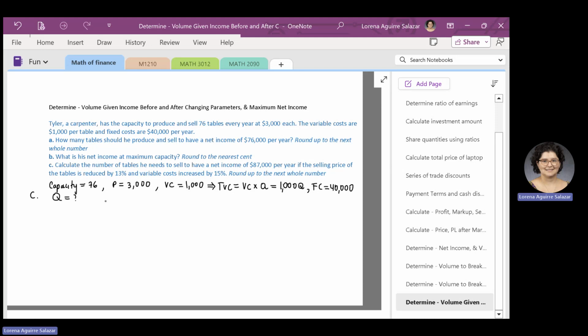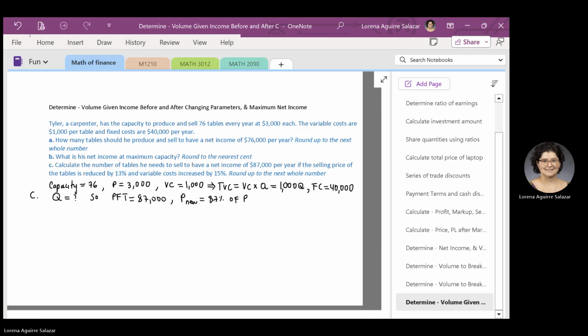If the selling price of the tables is reduced by 13%, so now the new price is 100 minus 13% of the original price, and that gives us 87% of the original price.